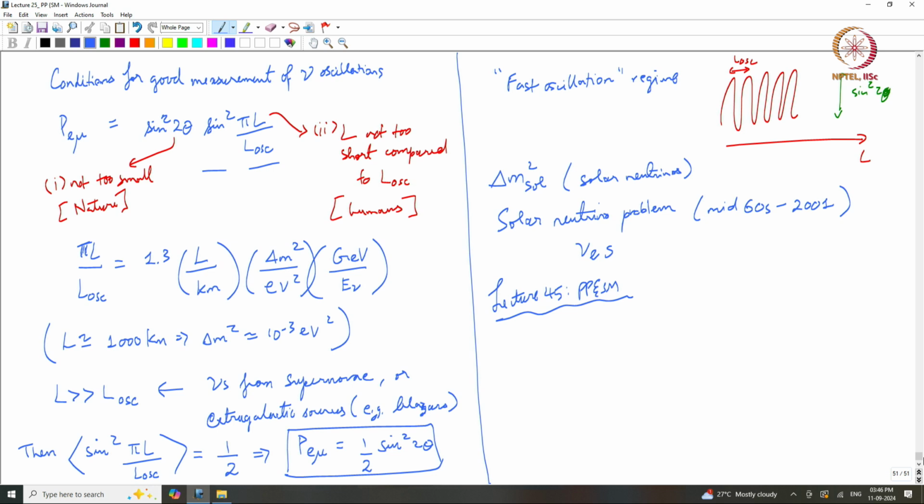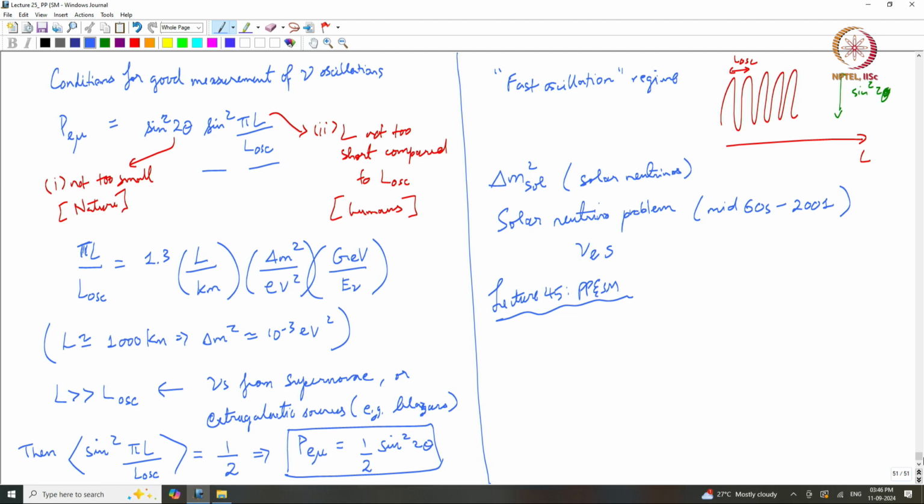And finally I said we will talk about the solar neutrino problem. We will see what the problem is and how that helps us measure many things, including the other delta m squared that we can measure in the neutrino sector.